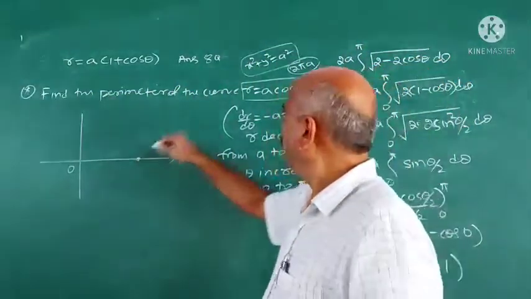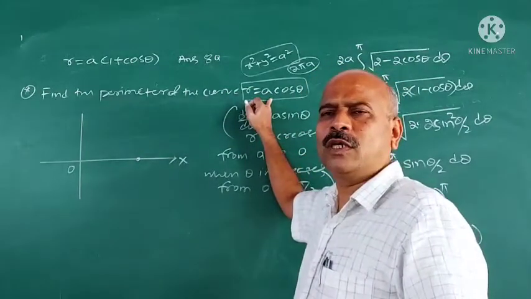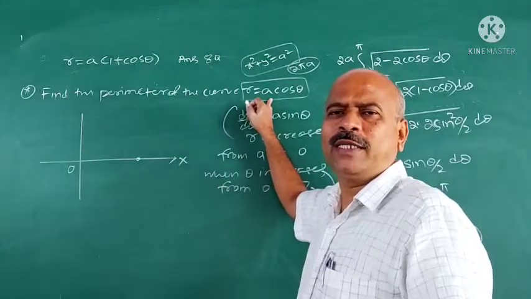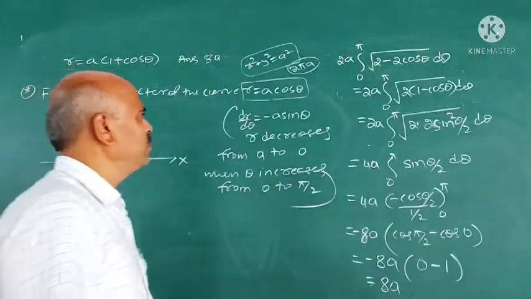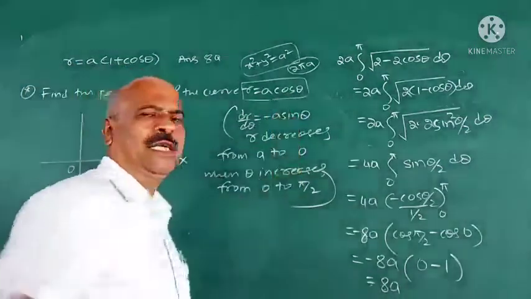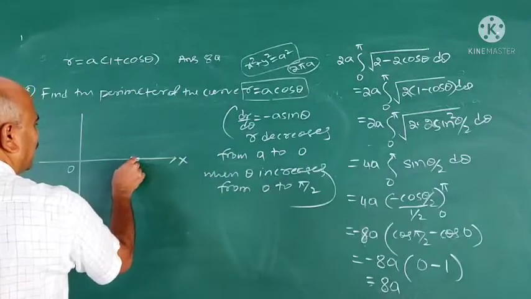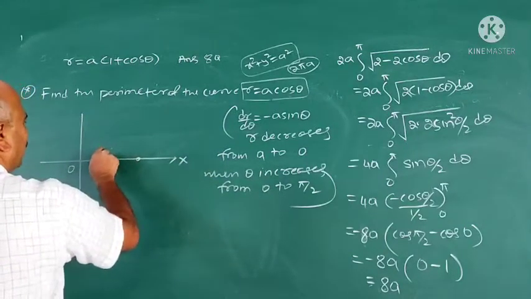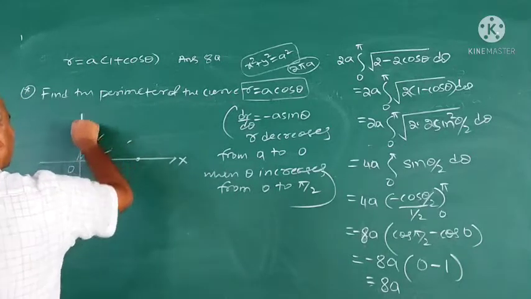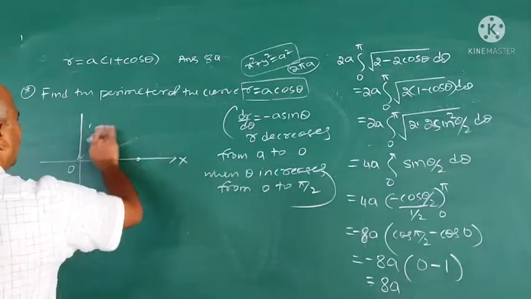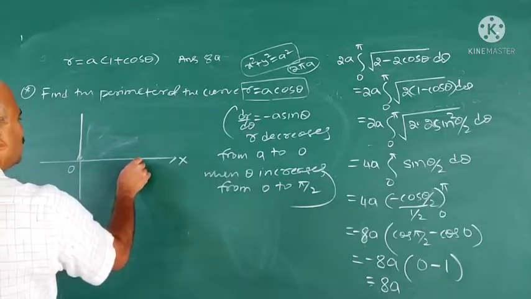What is the maximum value of r here? a, because when theta is 0, cos theta is maximum, that is 1, r is a. And the curve is symmetric about the initial line, because if you change theta to minus theta, it remains the same. Now as theta increases, the lines are like this, theta is 0, pi by 2, and the value of r goes on decreasing from a to 0.